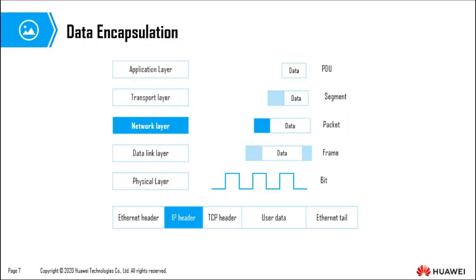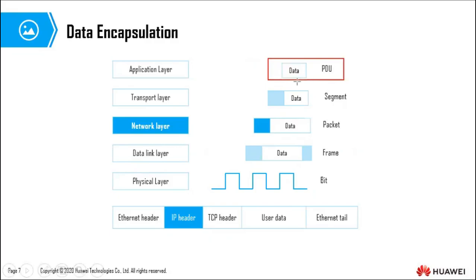By now we understand that at each layer, the data will have different information because you're going to add different information at each layer, right? For that reason, at each layer, that particular data, or what we call PDU, is referred to by a different name. For example, when it's just data at the application layer, it's just called a PDU.